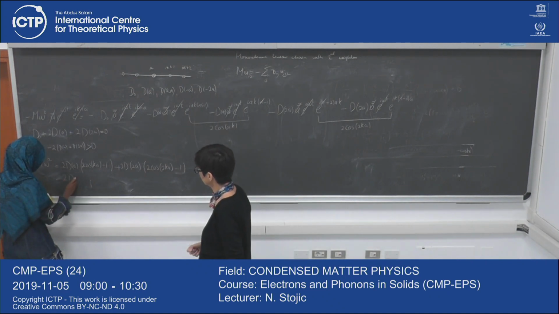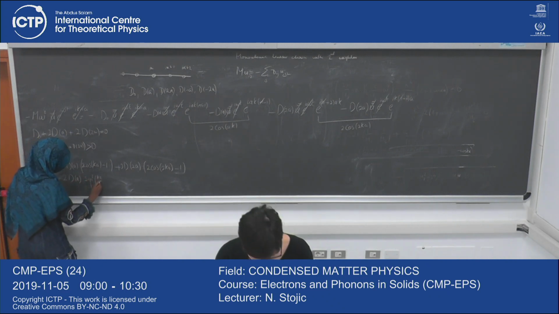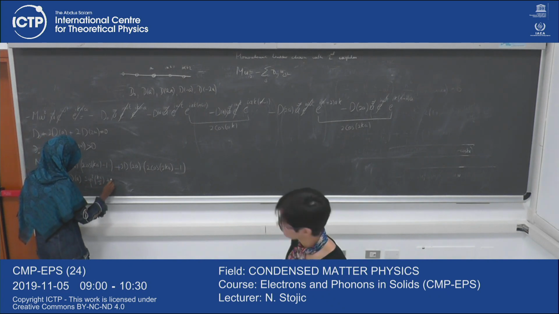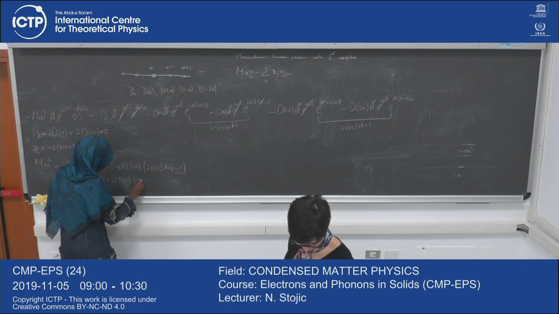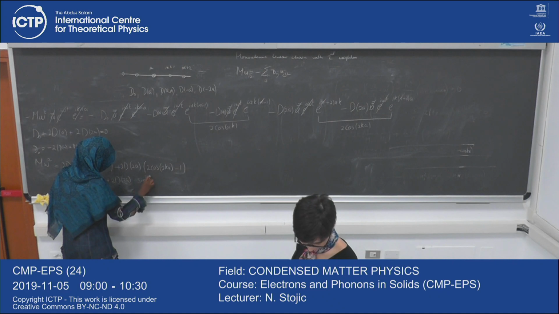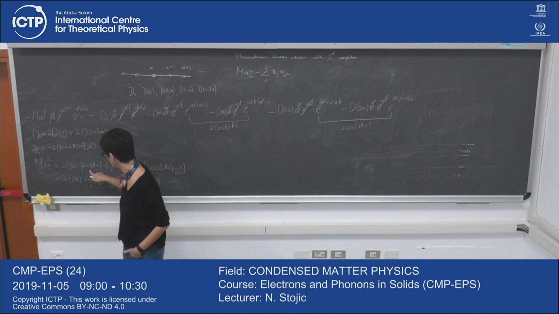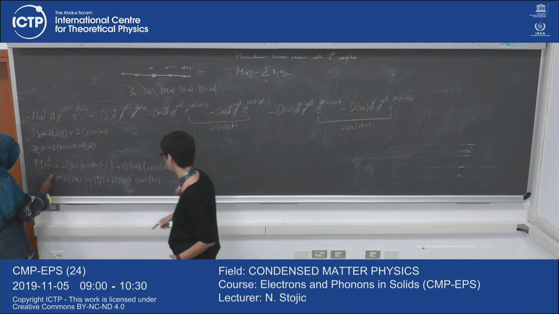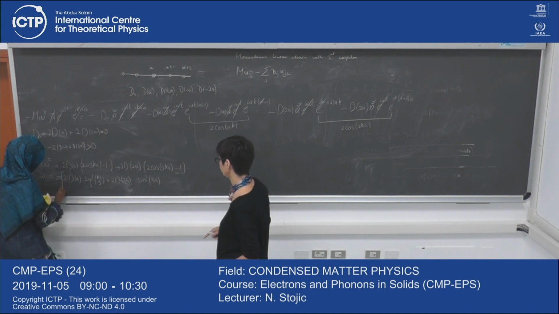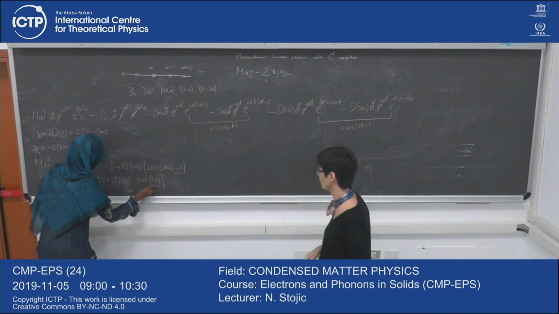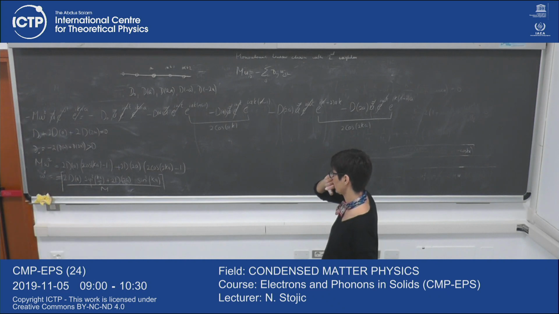So this is 2 plus 2d of 2a multiplied by sine square k. Isn't it minus? Minus. This is 1 minus. Yes. So here we can take everything and divide by m, and we call this omega square. Okay.